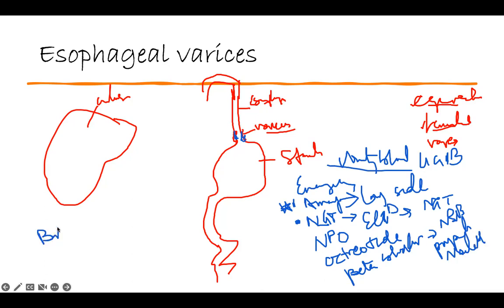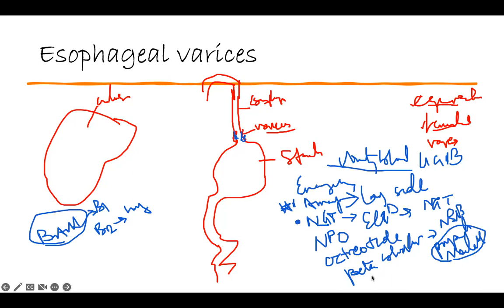Talk about BAM, they are beta selective. Beta selective means they bind to B1 receptors of your heart. There are B2 receptors on your lungs because you have two lungs. BAM just bind to B1 receptors. Non-selective propranolol and nadolol are the only ones that bind to B1 and B2.